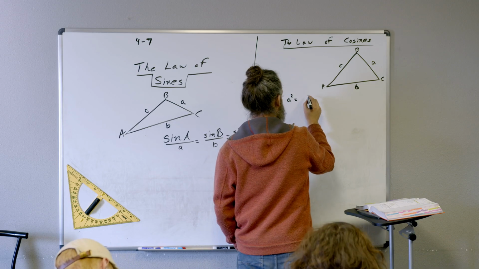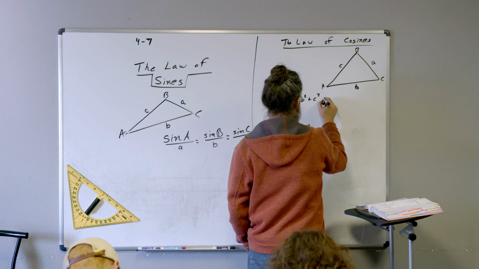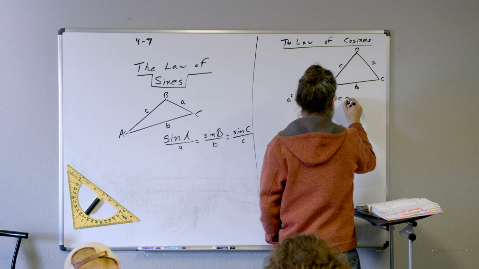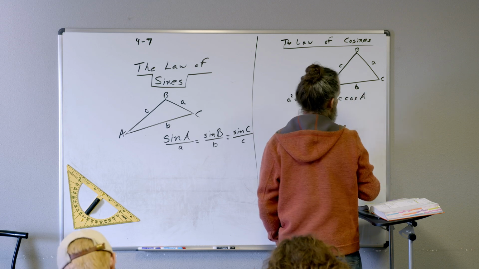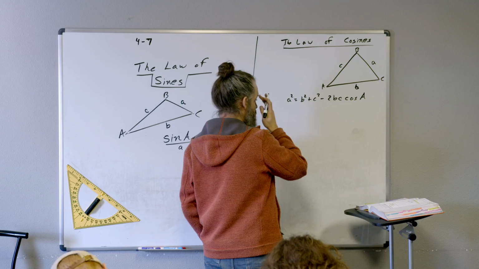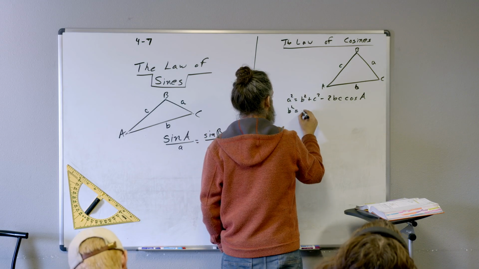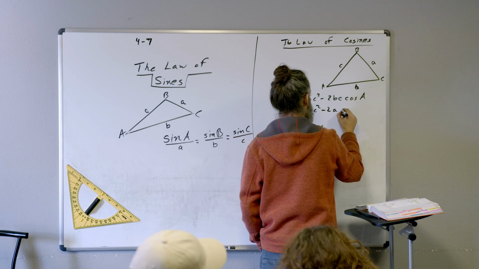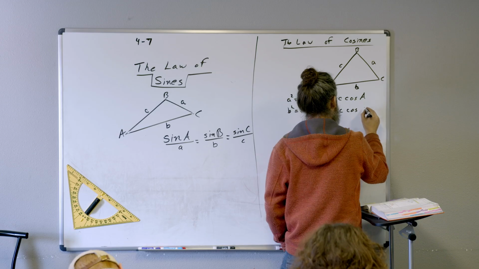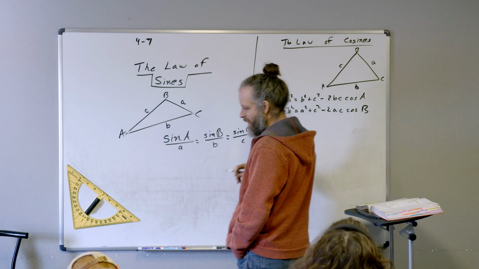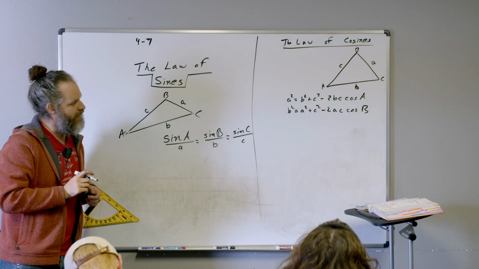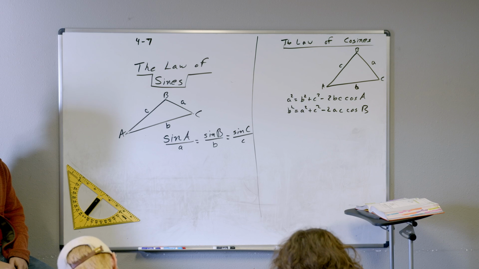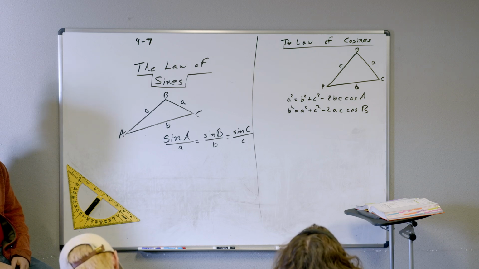A squared equals b squared plus c squared minus 2bc times the cosine of angle A. It would also be true with this triangle that b squared equals a squared plus c squared minus 2ac times the cosine of angle B. Now before you write the third, once everybody's caught up, I want you to stop and tell me in your head, not out loud yet, what the third one's going to be.